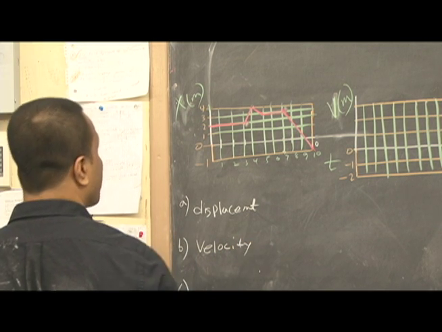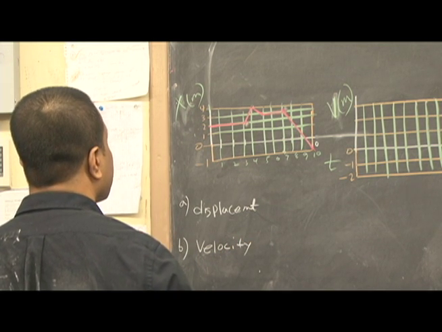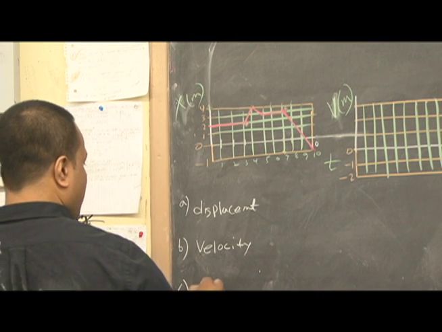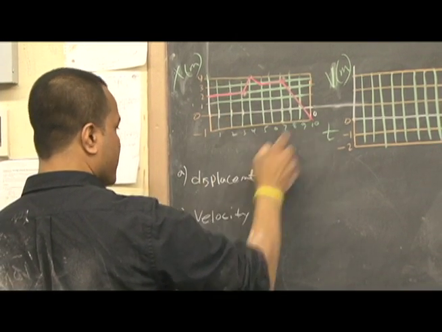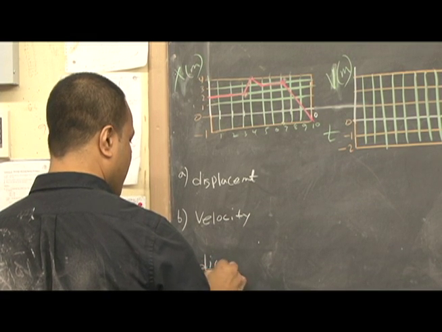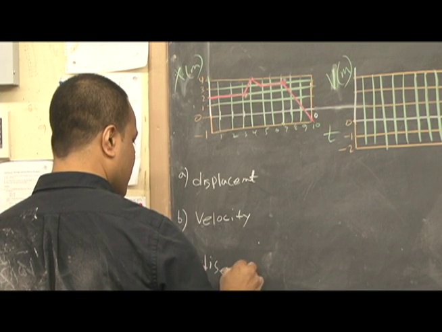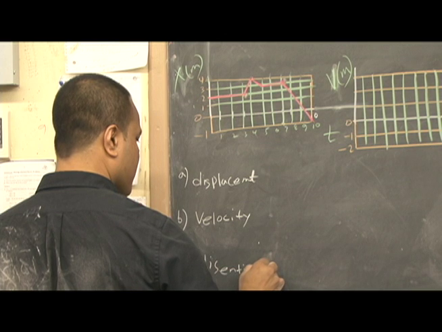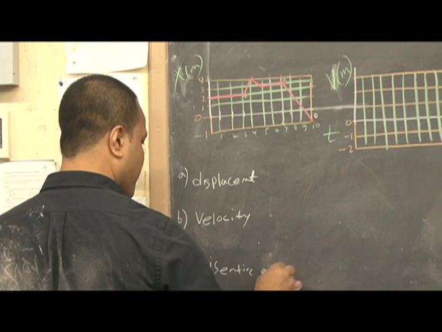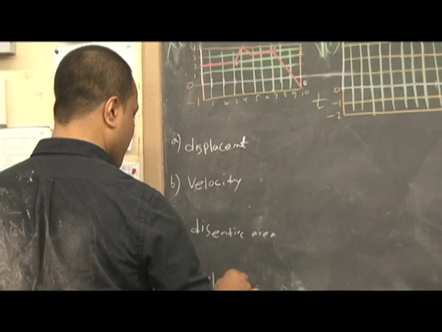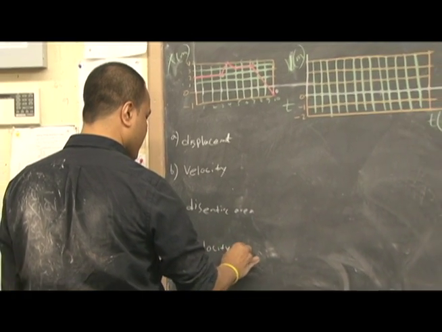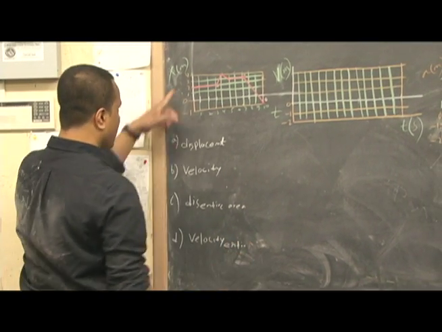Number C, we can find the entire displacement from here to here, displacement entire area, and the velocity entire from here to here.